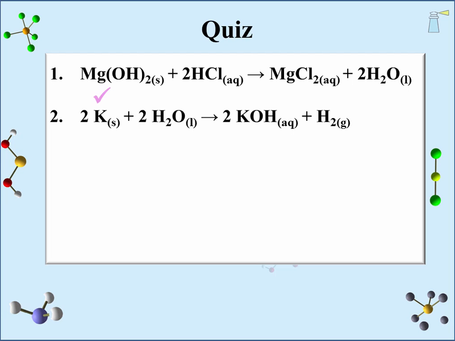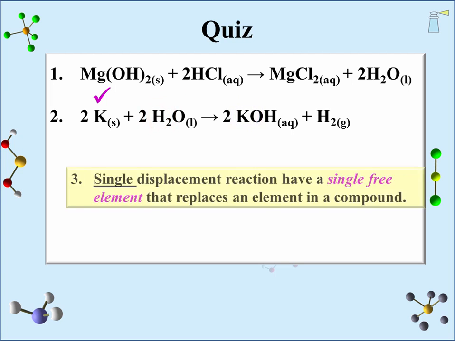That the reactants are not ionic compounds indicates that this is not a double displacement reaction. A key, though, is that one of the reactants is an element, a free element. Furthermore, it can be seen that one of the hydrogens in water is replaced with potassium in the products. That makes this a single displacement reaction.